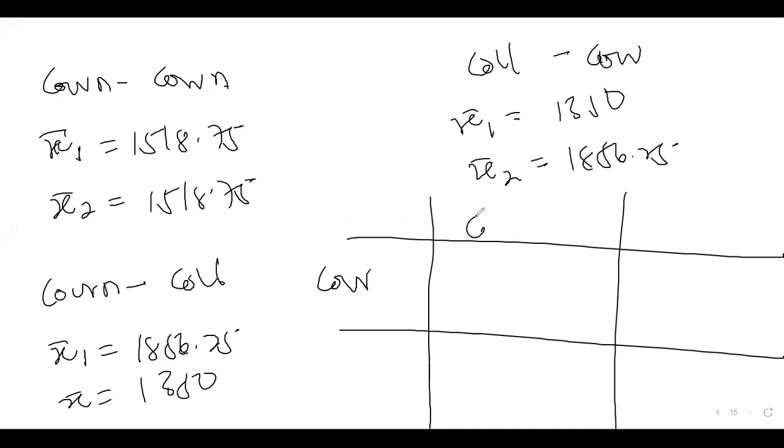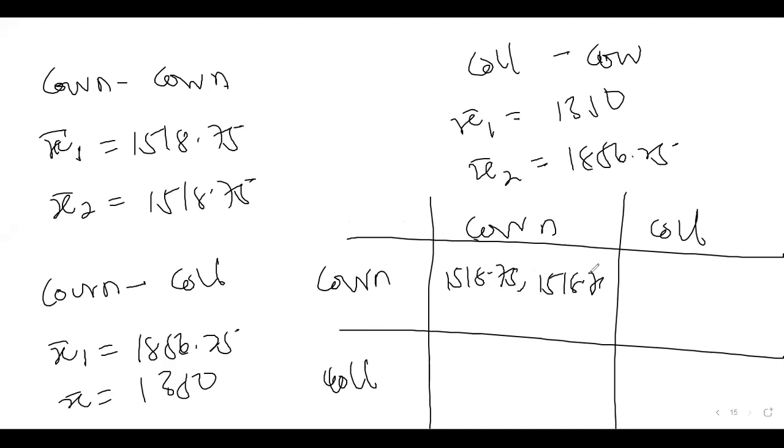So we have Cournot and collusion. When they both play Cournot, their profit is 1518.75, 1518.75. When firm 1 plays Cournot and firm 2 plays collusion, the profit will be 1856.25 for firm 1. Then the profit for firm 2 will be 1350. Then if firm 1 plays collusion and firm 2 plays Cournot, the profit for firm 1 will be 1350.